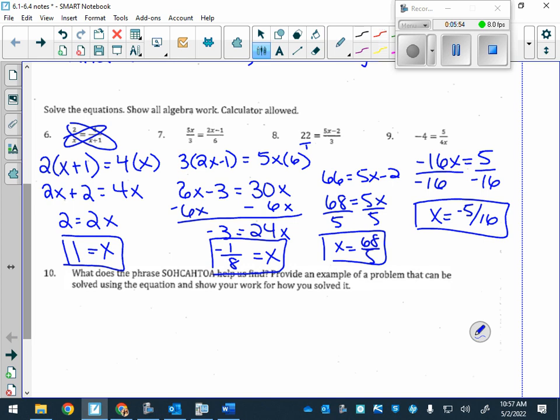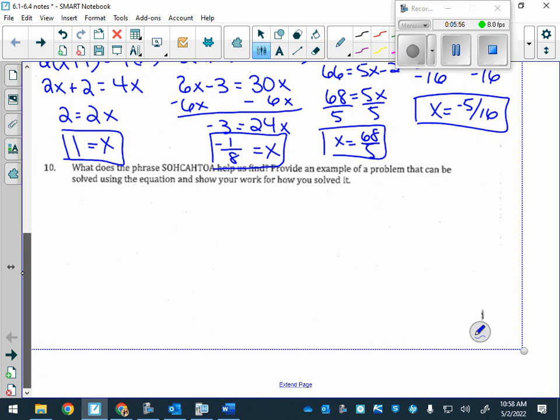All right. And the last one, which we're going to be using a lot today, what does this help us find? Go ahead, Campbell. Good. Angles. Anything else? Yeah. Side lengths. Good.